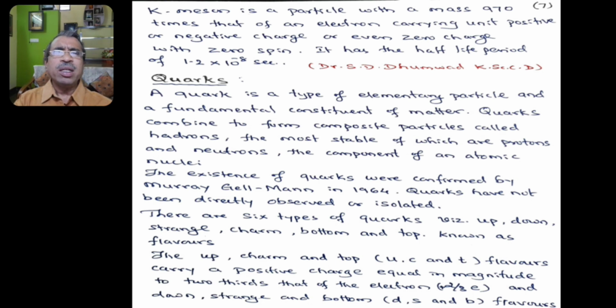Coming to another nuclear particle called quarks. A quark is a type of elementary particle and a fundamental constituent of matter.